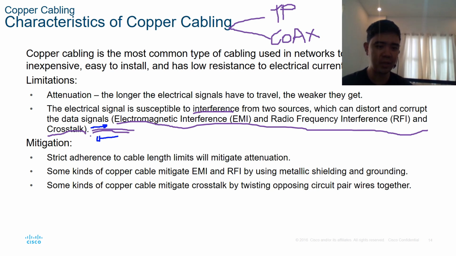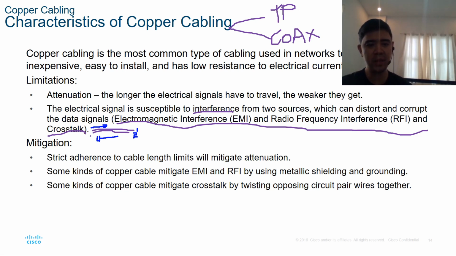The noise coming from one interferes, so the data transmitting through wire 1 interferes with the data or signal being transmitted in wire 2. We call that crosstalk.